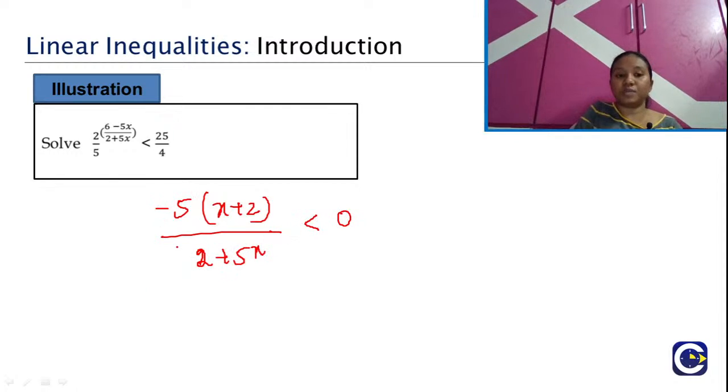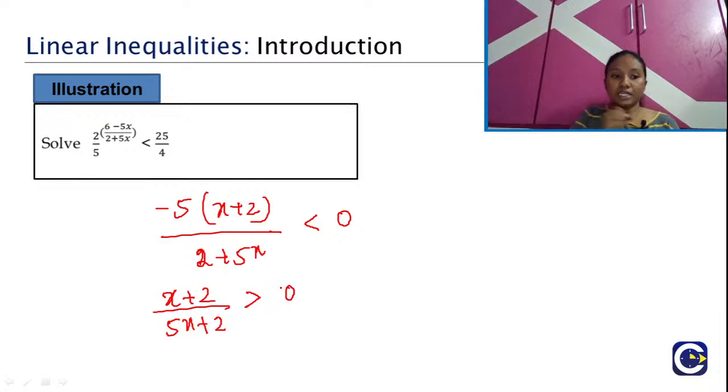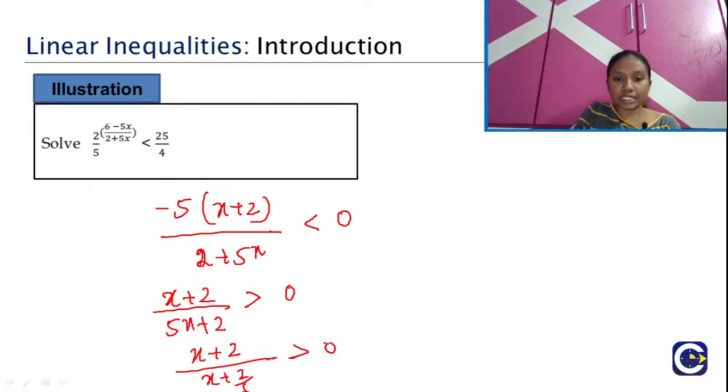I have to eliminate this minus 5, so I am dividing with minus 5. So there will be a change in my inequality, and it will become greater than 0. So again I have to make the coefficient 1, so that I can apply my wavy curve method. So x plus 2 by x plus 2 by 5 greater than 0.